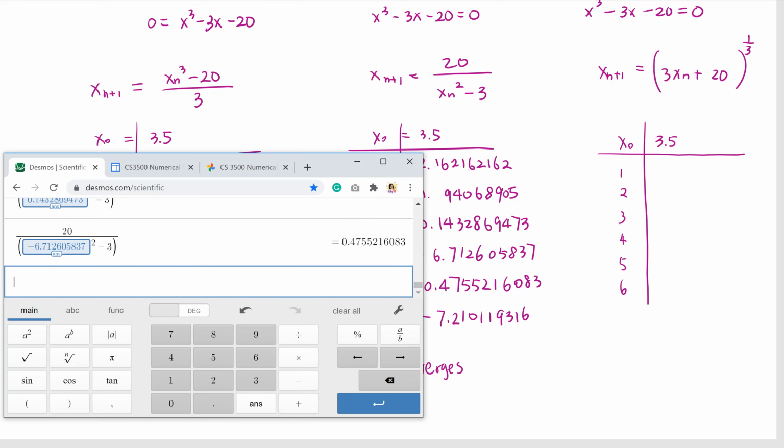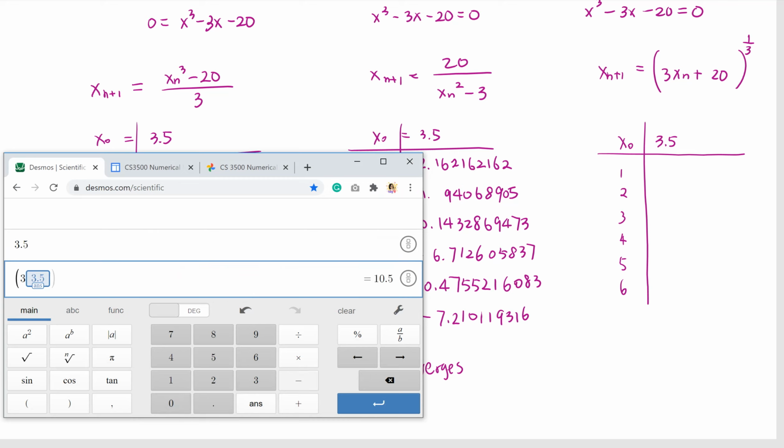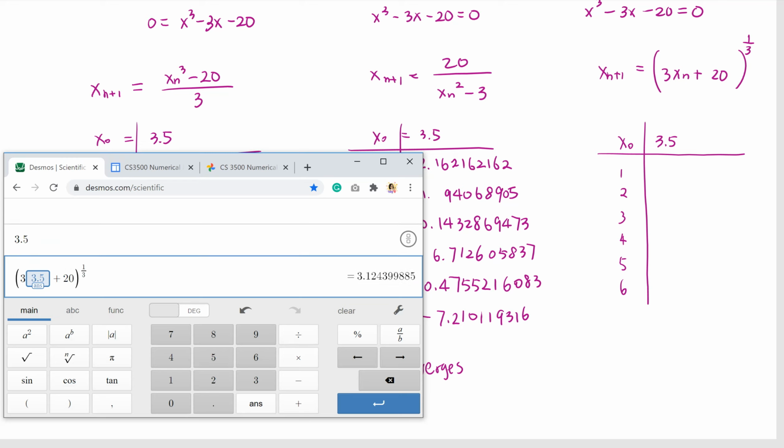Let's clear. 3.5. And then we do 3 times answer plus 20, close to the 1/3. So far so good.